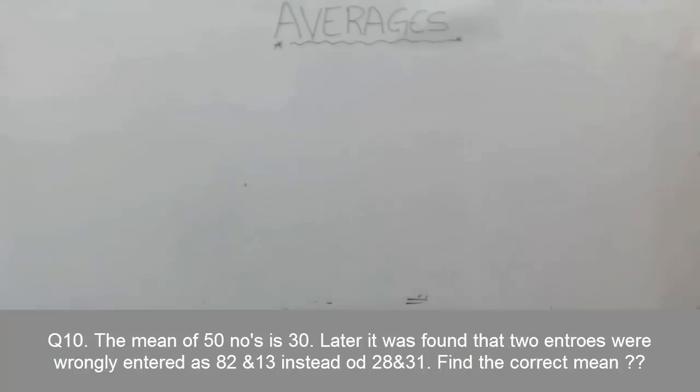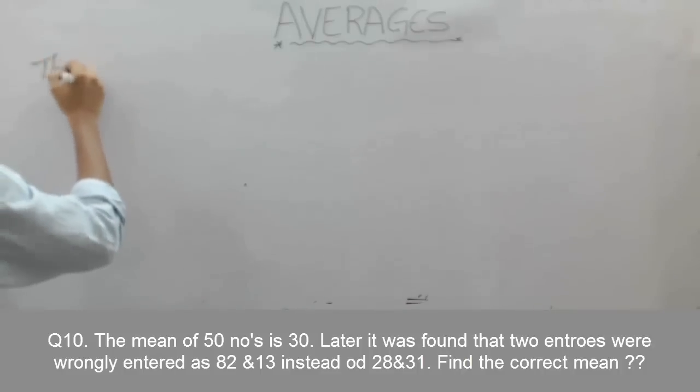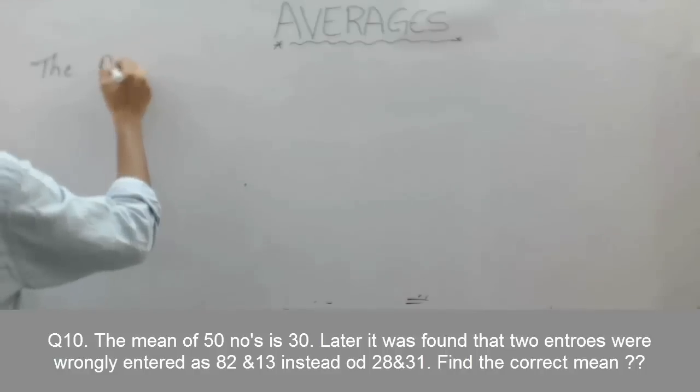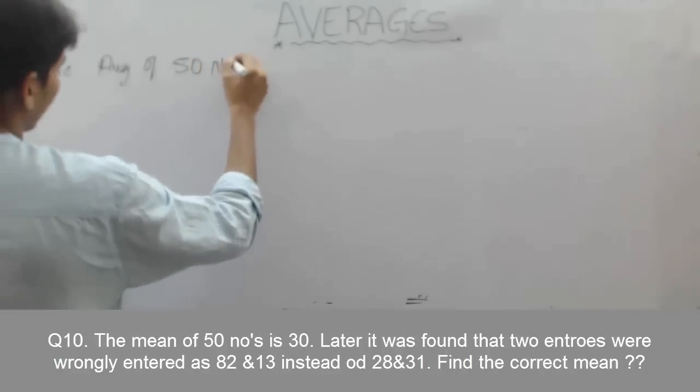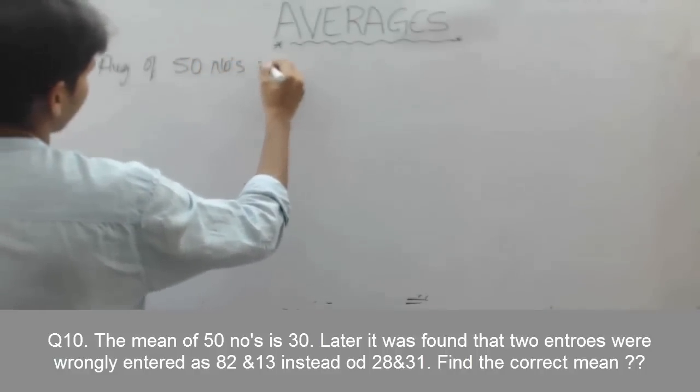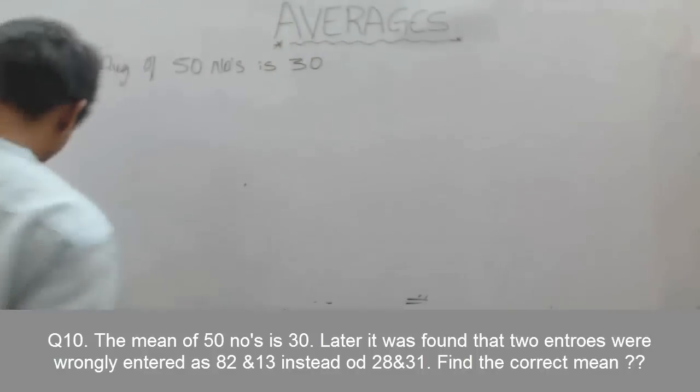That means the correct average. So given that the mean, that means the average of 50 numbers is 30.